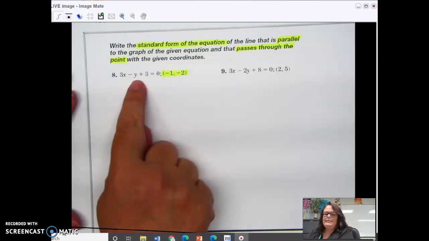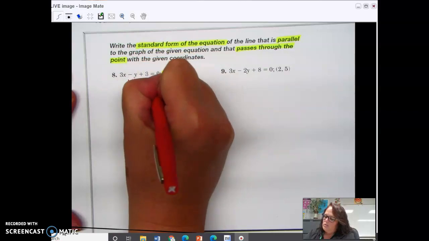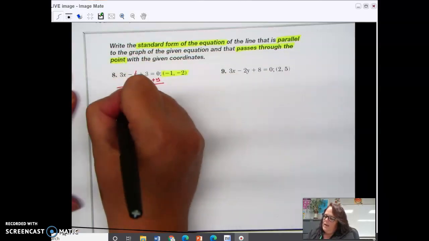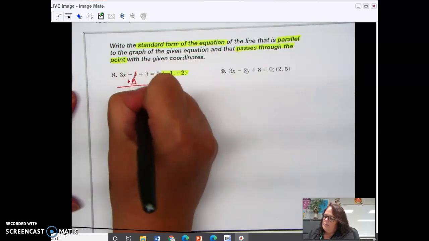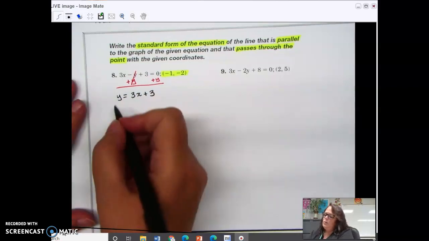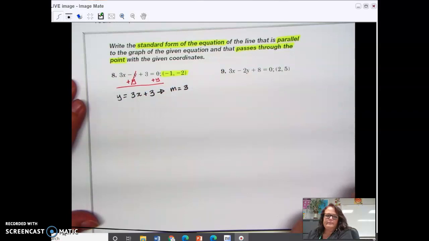So I'm going to go ahead and take this line and solve it for y, and to me it looks easiest to go ahead and add y to both sides. And so we have y is equal to 3x plus 3. Notice I just flipped the equation around. So what I need from this line is the fact that the slope is equal to 3.